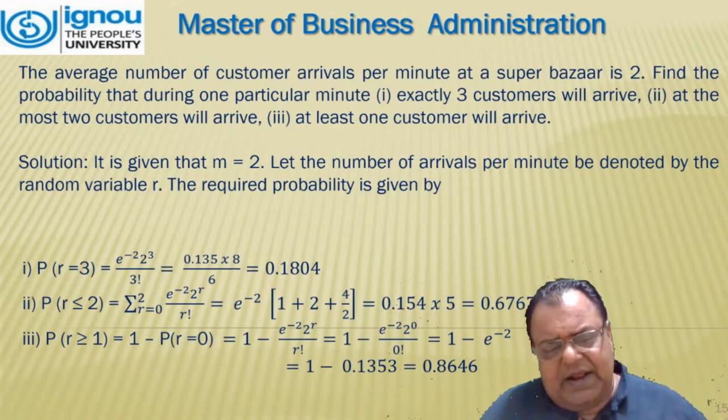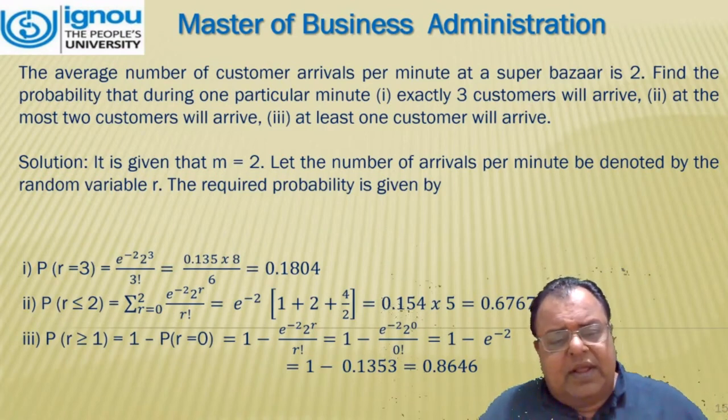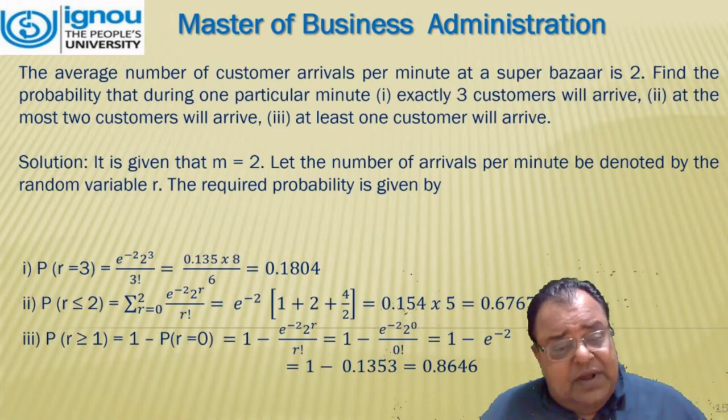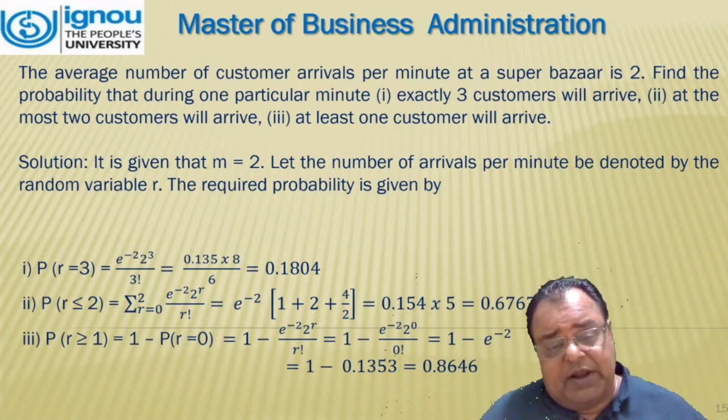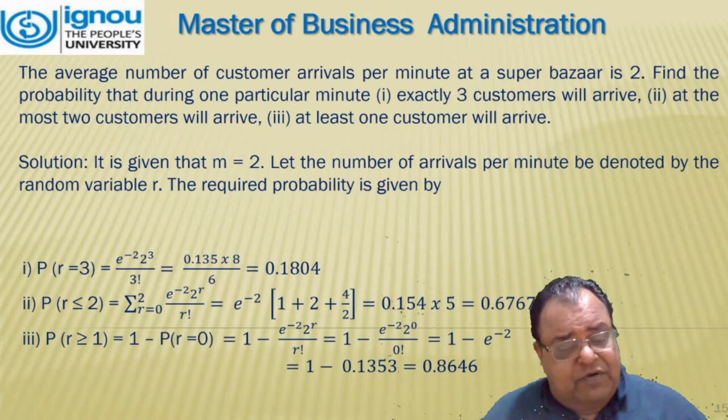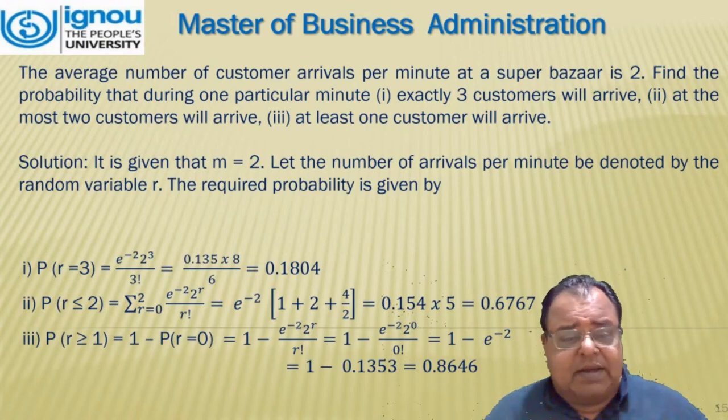We can take e raised to the power minus 2 common. First case will be 2 raised to the power 0, second case will be 2, and the third case will be 4 by 2. When we add up, we get 5. Value of e raised to the power minus 2 is 0.1353. After multiplication, it comes out to be 0.6768.